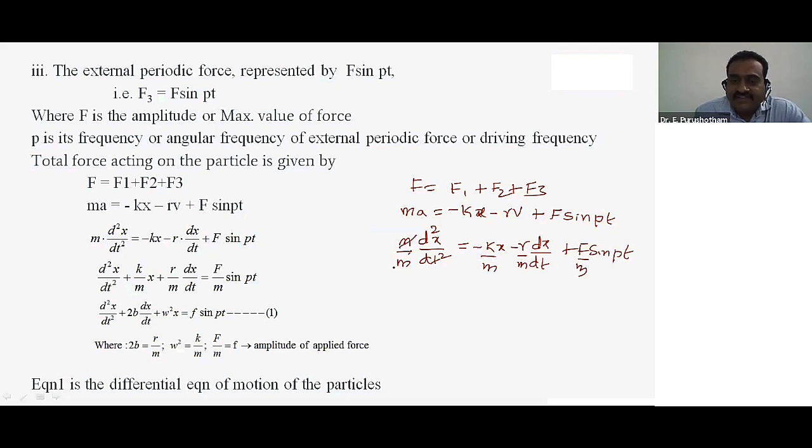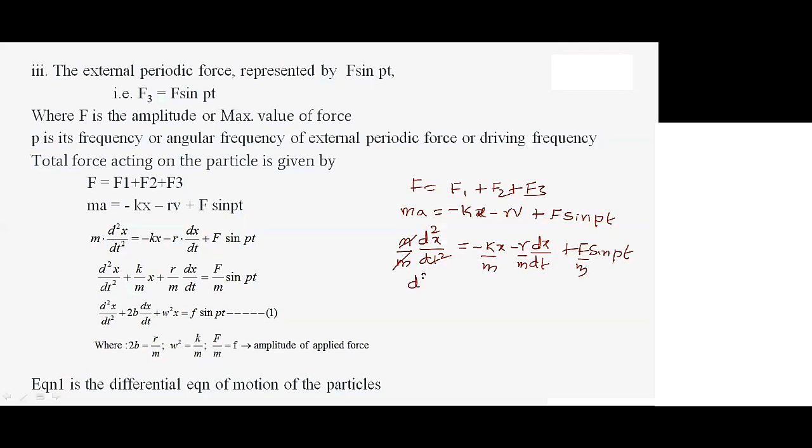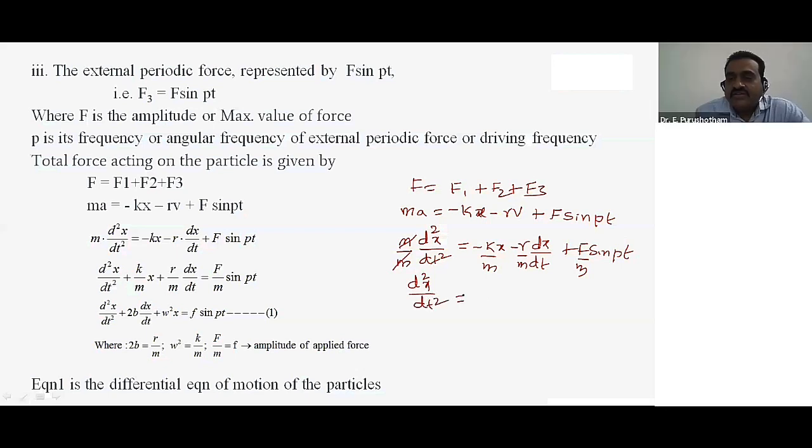So this gets cancelled. d²x/dt² = -(k/m)x - (r/m)dx/dt + (F/m) sin pt.